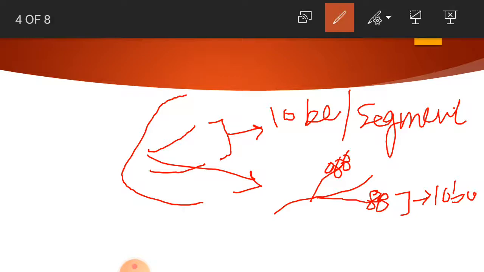I am sorry, I am not able to write it completely due to less space, but this whole structure will be termed a lobule, and these grape-like structures will be termed alveoli.